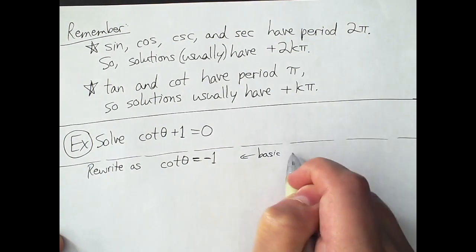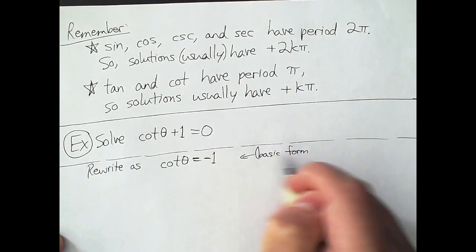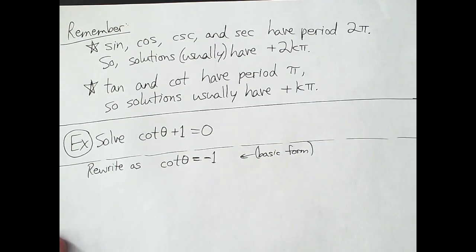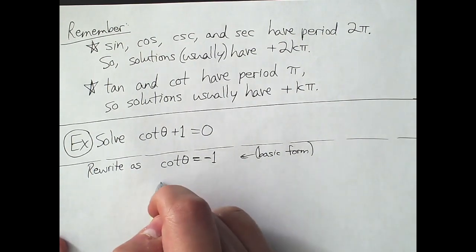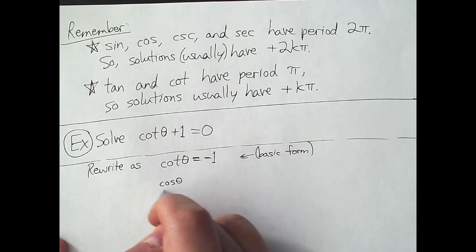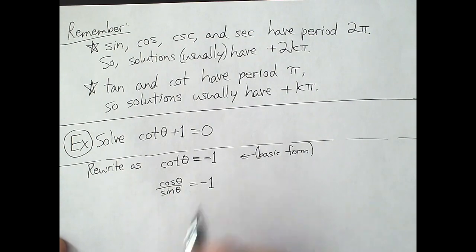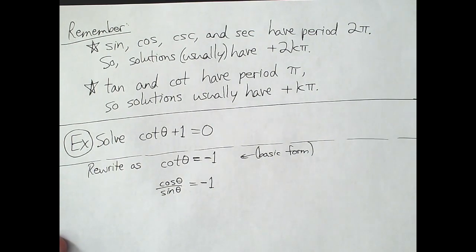Basic form. Now, do we know anywhere where cotangent of theta equals -1? Honestly, we might not know off the top of our head, so let's do a little bit of work. I know that cotangent can be thought of as cosine of theta over sine of theta, so we could think of it this way. That might help.